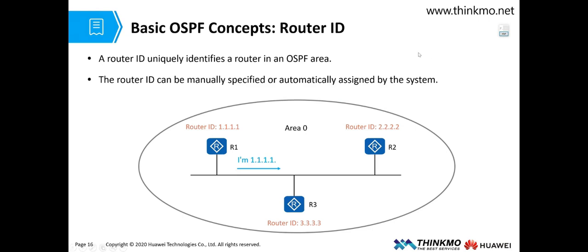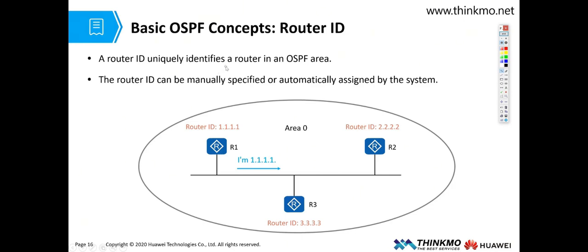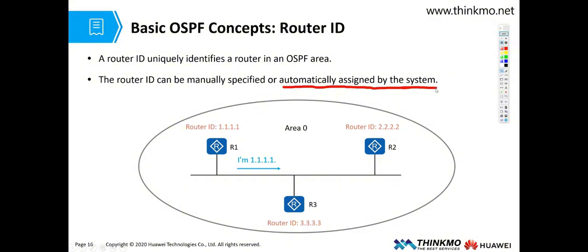Yes, it will generate itself. In fact, within our OSPF area, the router ID uniquely identifies a router, equivalent to a person's ID card. We can manually configure it, or we can let the system automatically assign and generate it.